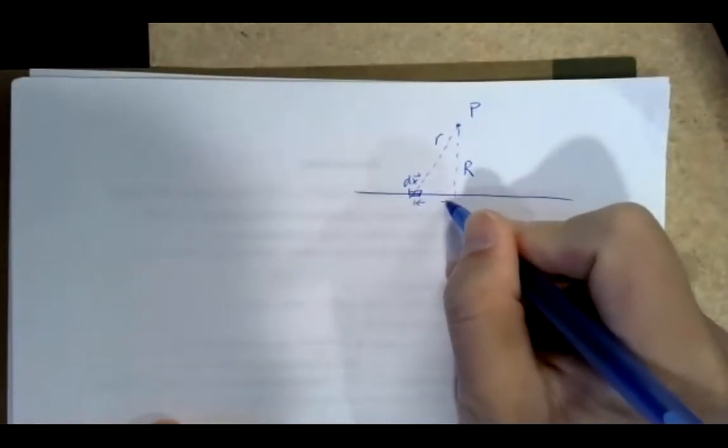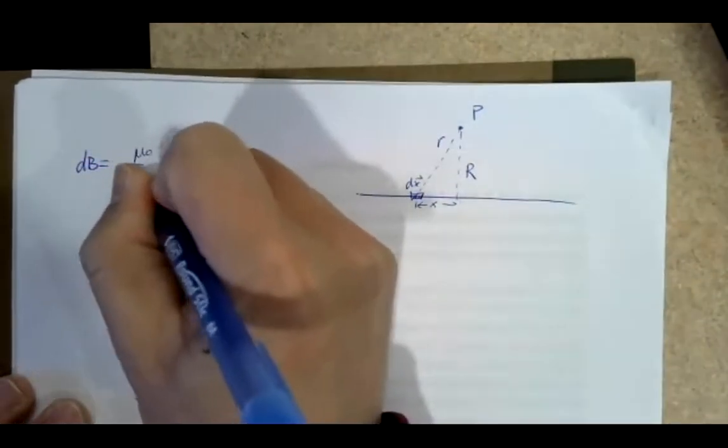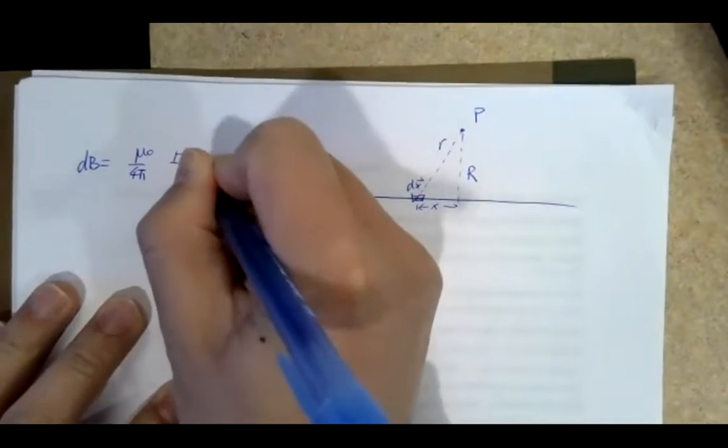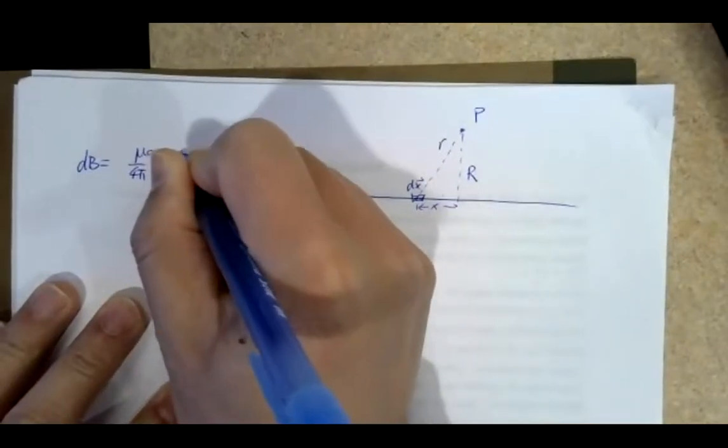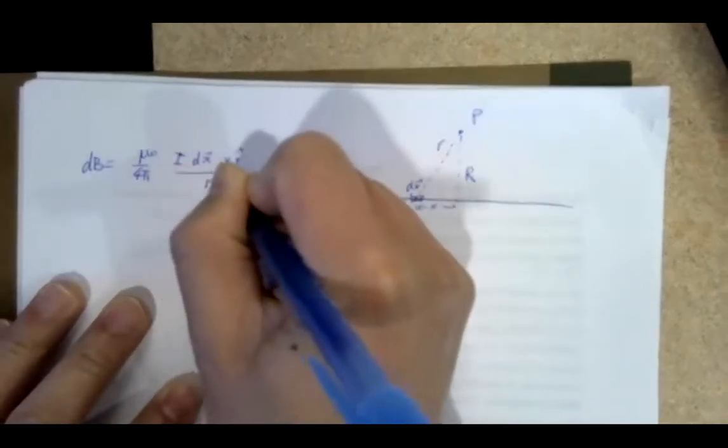This is where x is. So your dB will be equal to mu naught over 4 pi, I dl, which in this case is I dx, cross r hat over r squared.